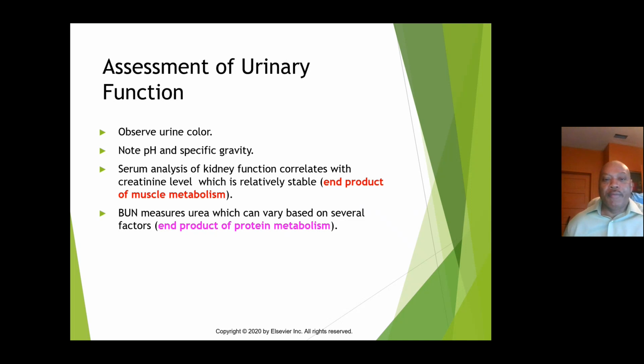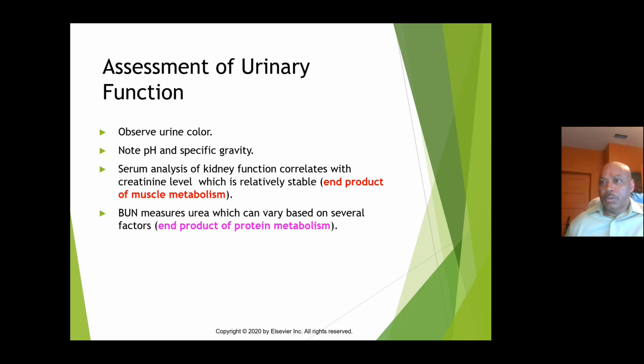The urine-specific gravity measures the concentration of the urine. The range is 1.003, which is very diluted urine, all the way to concentrated urine, which is 1.030 or greater. If there is protein, it should be very little.